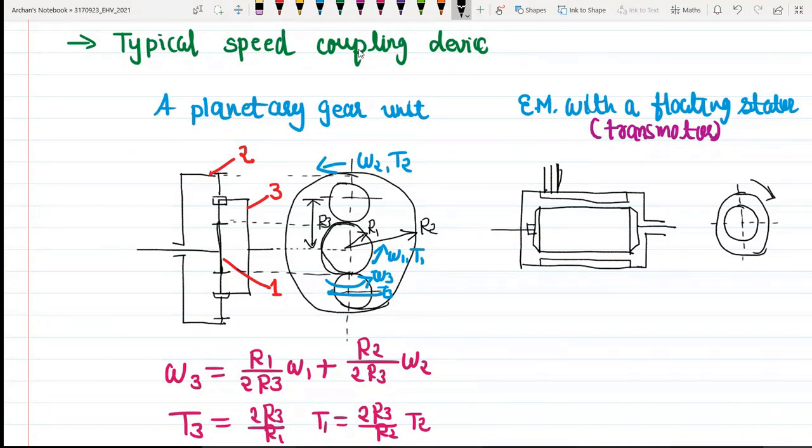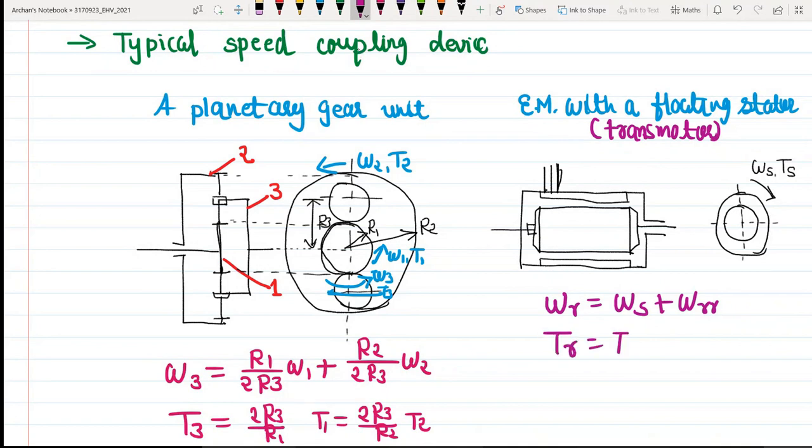And it is rotating in a particular direction, having a speed of omega s, generating torque T. Okay? So in this case, if I talk about the speed of the rotor, then omega r is nothing but omega s plus omega rr, and the torque will be equal to the torque generated by the stator. Okay, so here this omega rr is the relative speed.